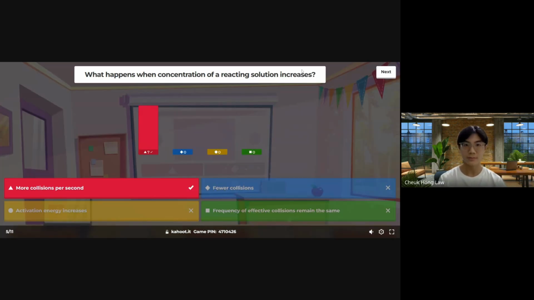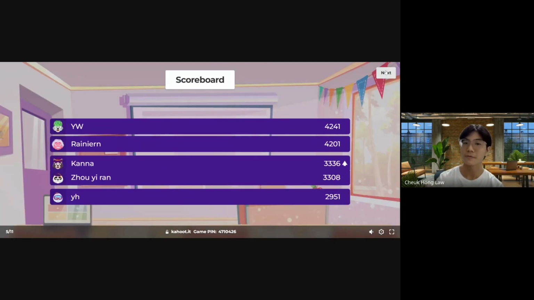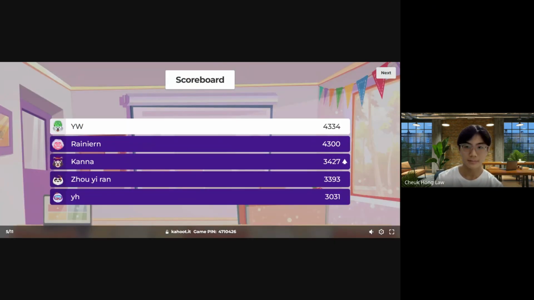Good job, everyone. What happens when concentration of the solution increases? There are more collisions per second. Okay, basically higher frequency of collisions.